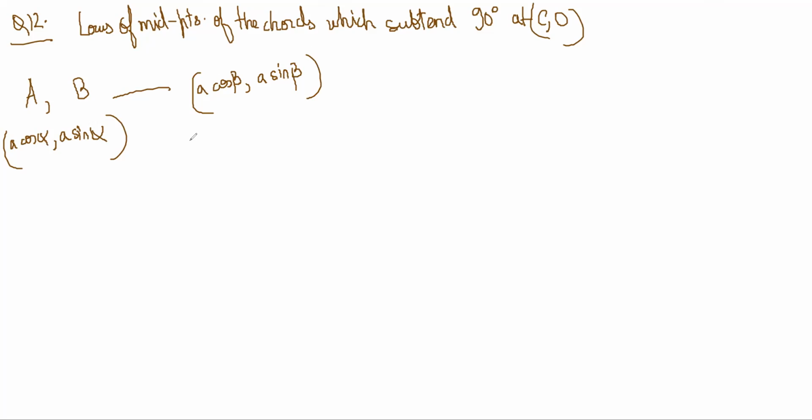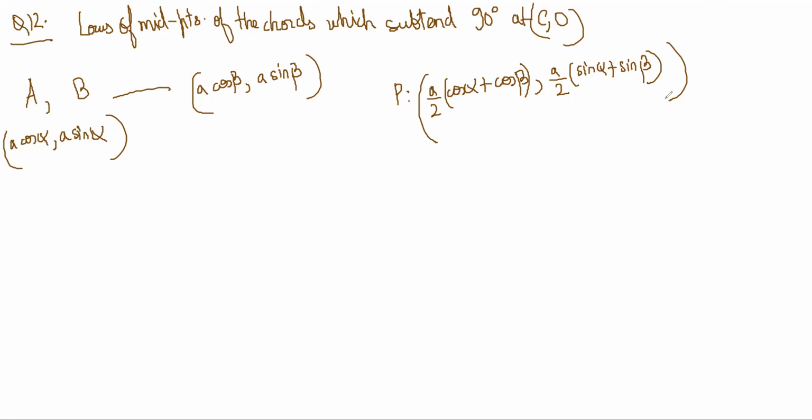These are my A and B. Then P is the midpoint of this. So P is basically A by 2 into cos alpha plus cos beta, A by 2 into sin alpha plus sin beta. This is my P, right?